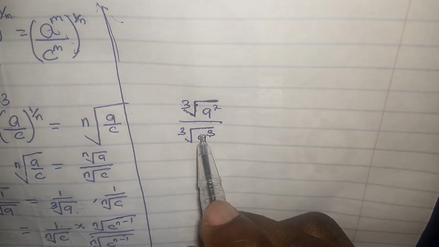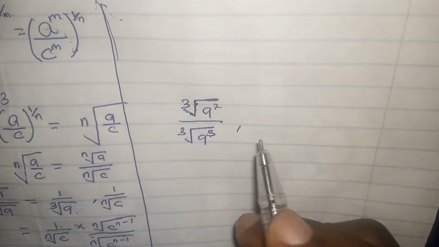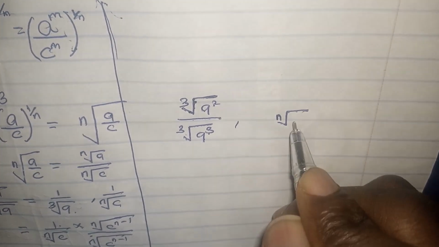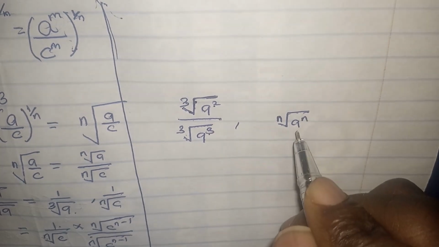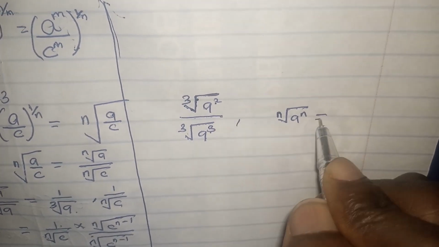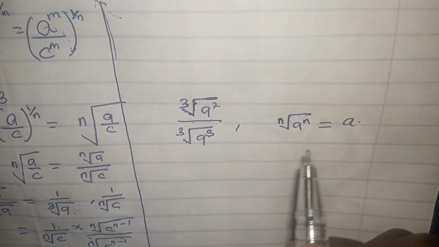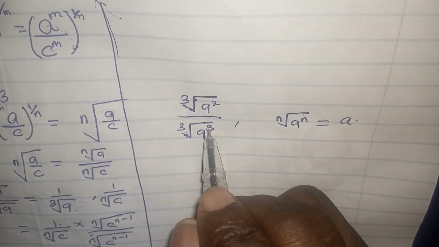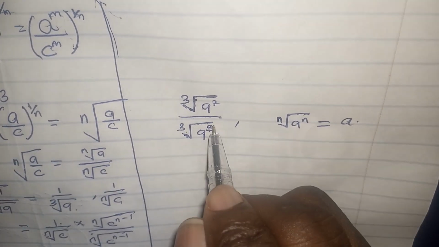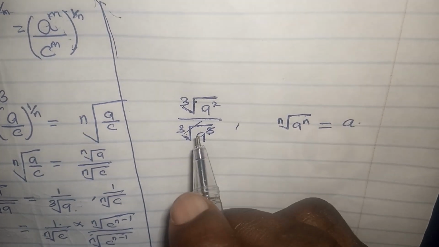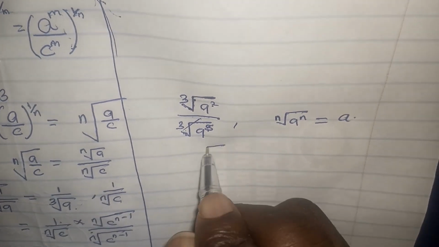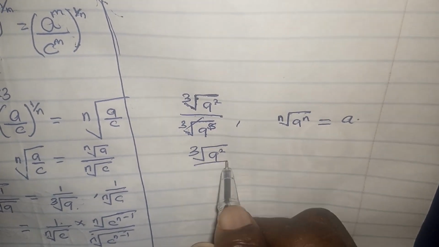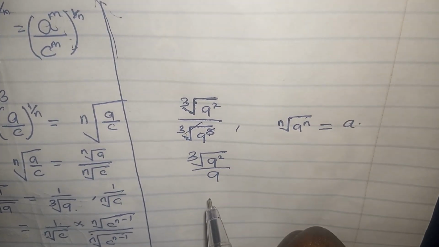At this denominator we are going to apply a rule which says if we are having the nth root of a to the power of n, it is also equals to a. So looking at this denominator, you're having the cube root of 9 to the power of 3. So you can see this 3 and this 3 are common, so they can cancel out. So what are we now having? We're now having the cube root of 9 square over, we are left with 9.